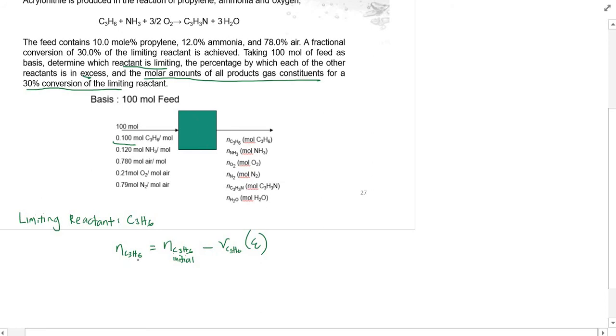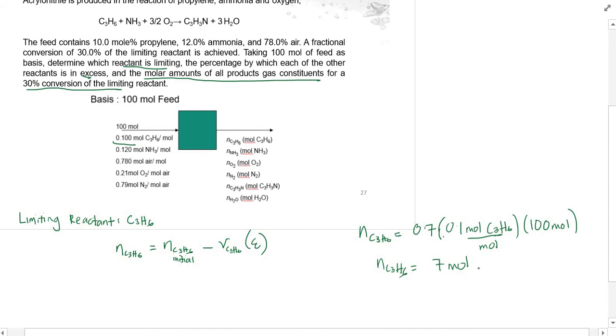So N C3H6 is equal to 0.7 multiplied with the initial amount, where you have 0.1 moles of C3H6 per mole multiplied with 100 moles of feed. So N C3H6 propylene is 7 moles.